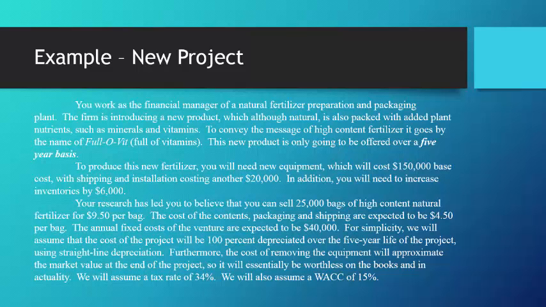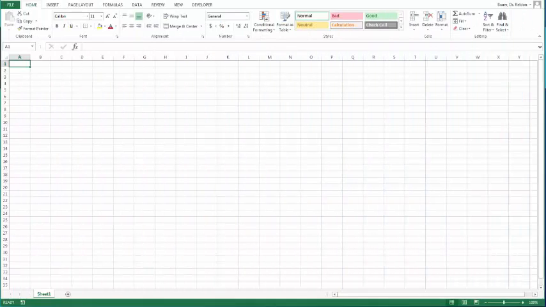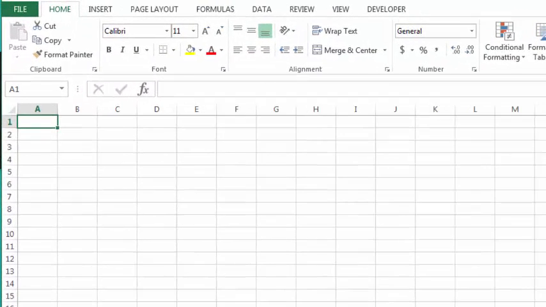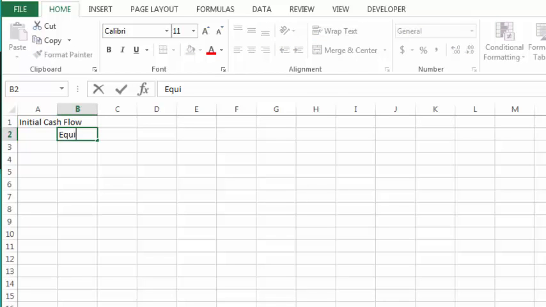So how do I get this started? I'm going to get this started by creating all three components in Excel. So I'm going to start at the very top here and say initial cash flow. There was equipment. There was installation.